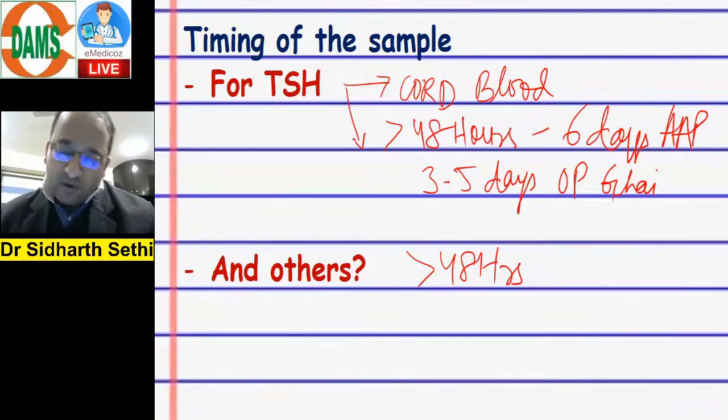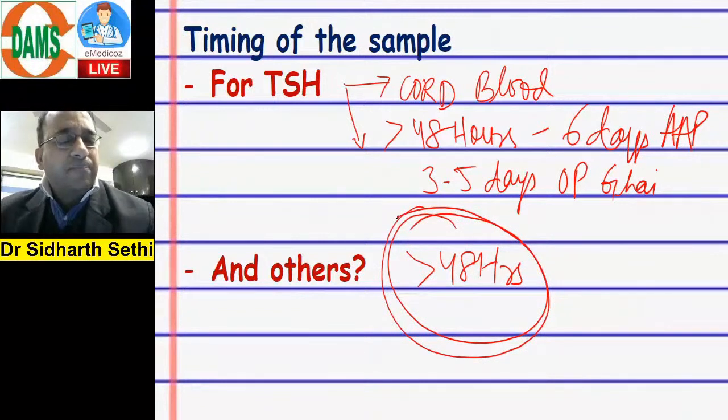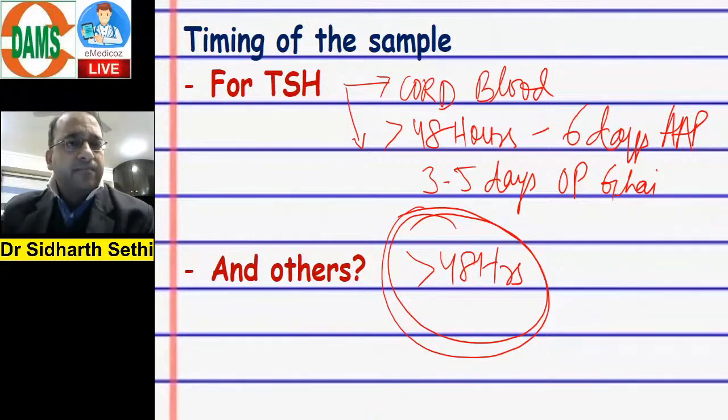So most of us diagnose all of the disorders after 48 hours. Even TSH all over the world will mostly be done after 48 hours, along with other tests like TMS, and I'll come to those tests in a while.